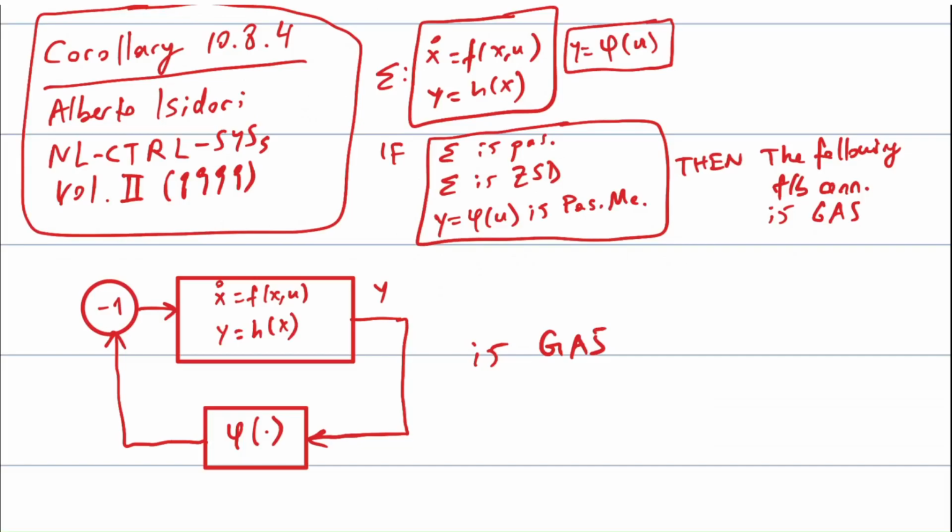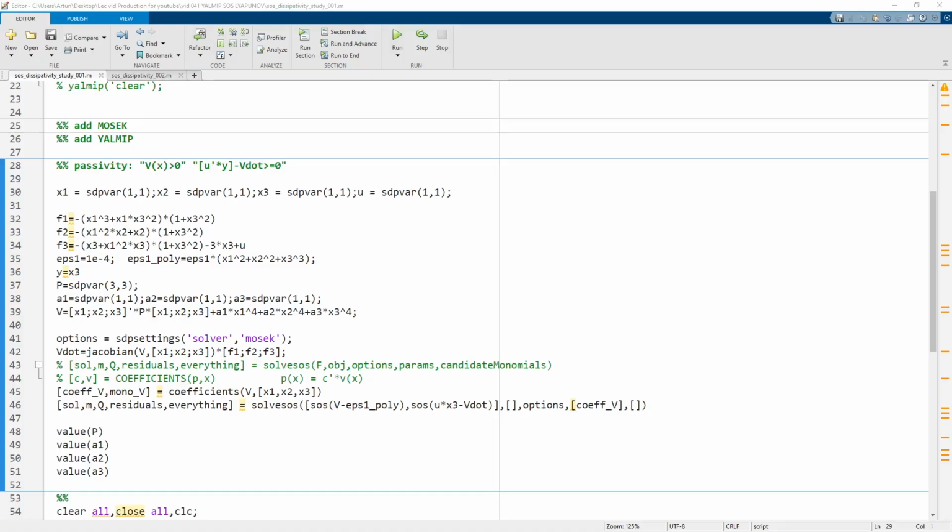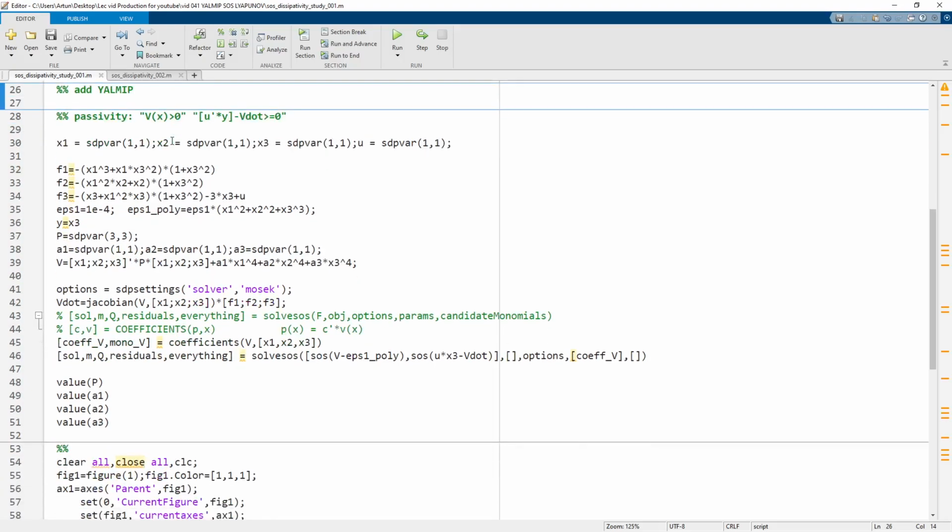Now let's check a problem. Let's go back to the MATLAB screen. First of all, you need MOSEK and YALMIP to run this code.